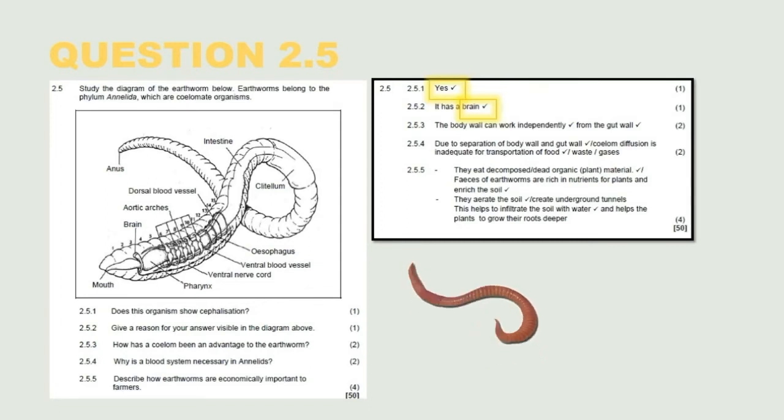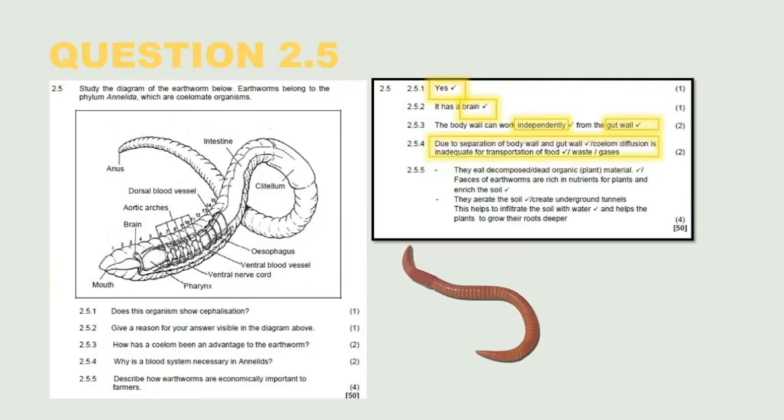Then 2.5.3, how has a coelom been an advantage to the earthworm? It's because the body wall works independently from the gut wall. Then 2.5.4, why is a blood system necessary?